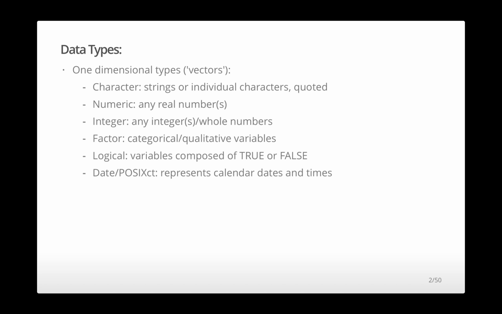Factors. Categorical or qualitative variables. We're going to treat them a lot more in this lecture. This is where you encode. This is the I dot of R. Factors are the way you encode categorical variables, and you can specify the levels. You can use them for plotting, right? And they will keep the structure that you give them, in the sense that you say, I want the reference category to be this, the second category to be this, the third category to be this.